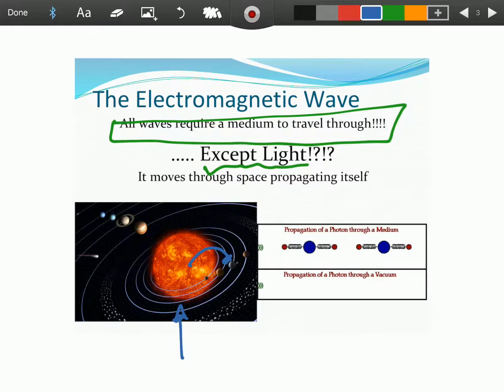So light has to be able to propagate itself, and it does in the form of electromagnetic radiation. This electric field and this magnetic field, as they change, propagate themselves as they move through space. So that's what's waving: fluctuating magnetic and electric fields.